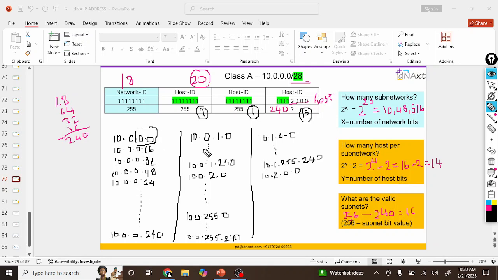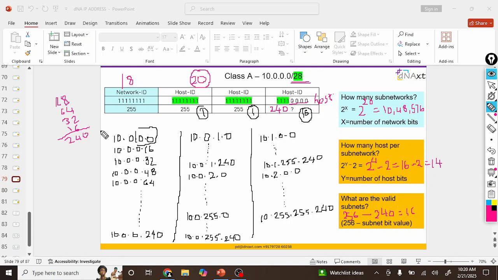So this whole process will continue till you get 10.2.255.240. Okay, then it will become 10.3.0.0. Okay, and the last subnetwork will be 10.255.255.240. Okay, this is your last subnetwork.